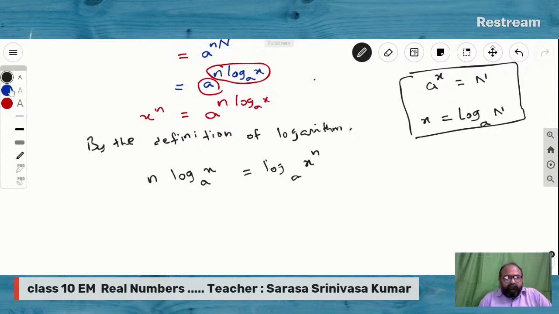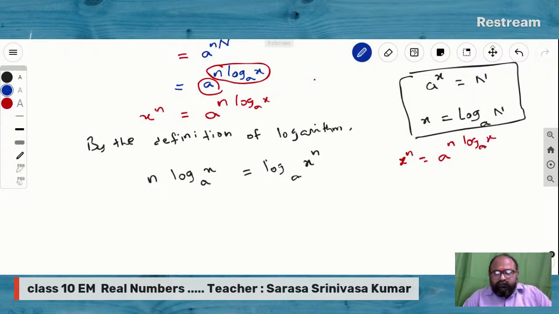Now let us compare the terms with respect to the actual definition. a power x equal to n. So here we have x power n equal to a power n log x base a.